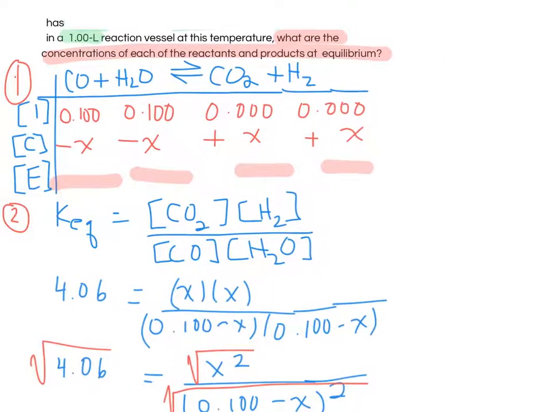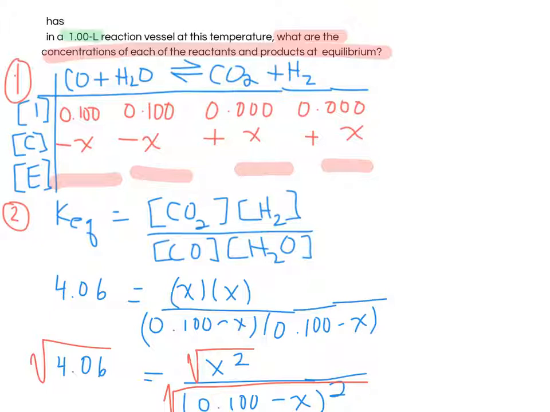So I'm going to do that in green. Concentration at equilibrium of CO2 is simply the value of x, which is 0.669 moles per liter, which is also the concentration of H2.